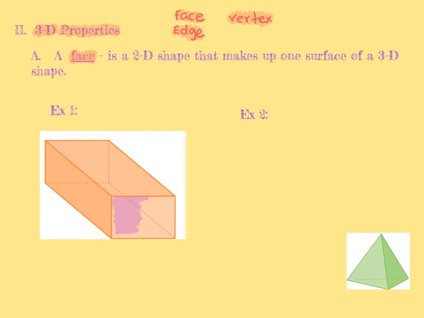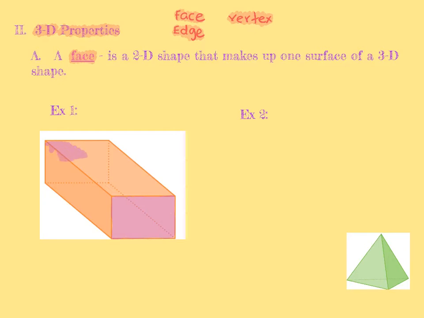Okay, so think of this figure that I'm looking at here. Think of the entire, what I'm coloring in, as a rectangle. So that rectangle is one face of this rectangular prism. Okay, and another face is in the back here.